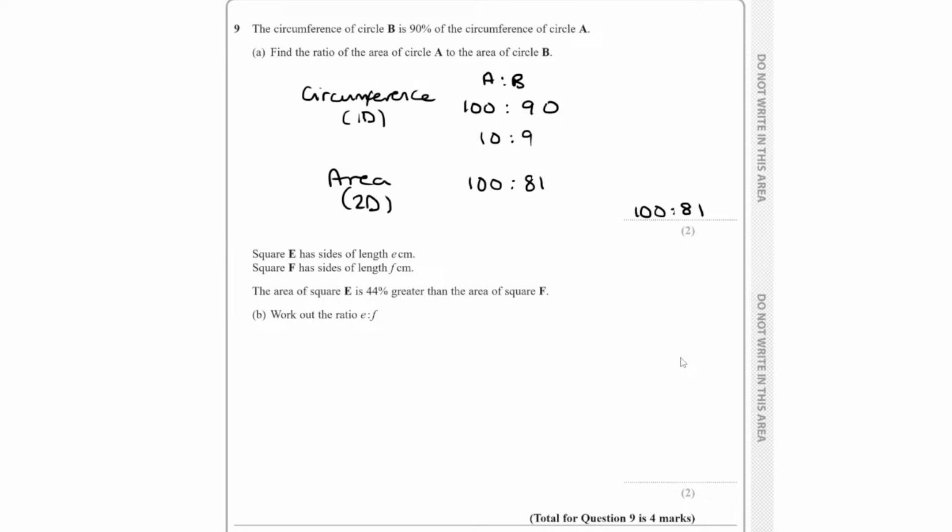So this is just how it works. Topics that I think would come up: compound interest. I think speed, distance, time at some point, whether it's an easy one or a hard one, I don't know. Error intervals we haven't seen yet. Obviously, you've already mentioned vectors and circle theorems we haven't seen yet. I don't think you've seen simultaneous equations yet, but correct me if I'm wrong. I don't remember seeing any simultaneous equations. We haven't had quadratic sequences that might come up.